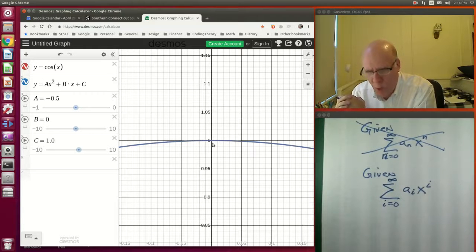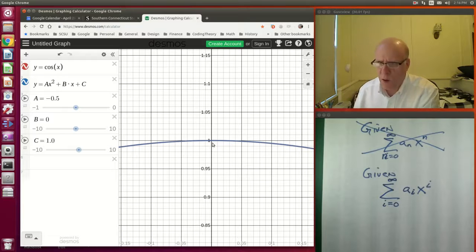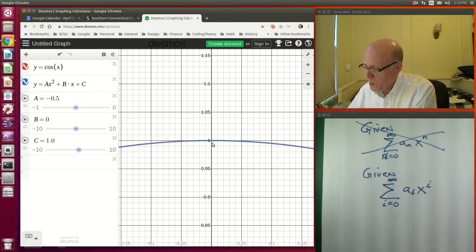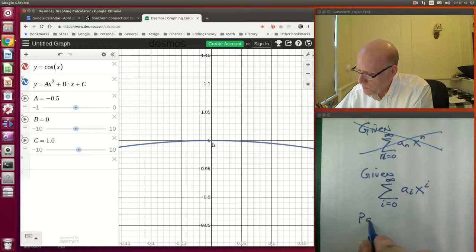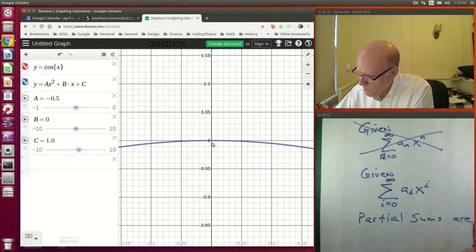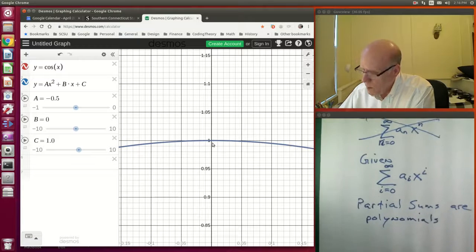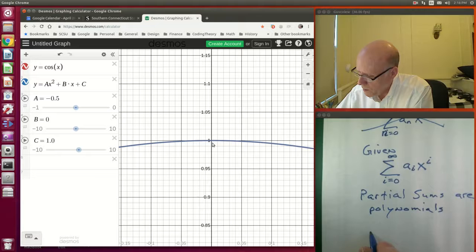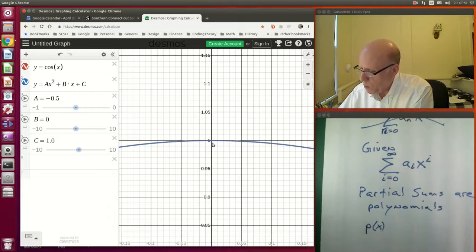The partial sums of this thing are polynomials. They look like a function, let's call it p of x because it's a polynomial.